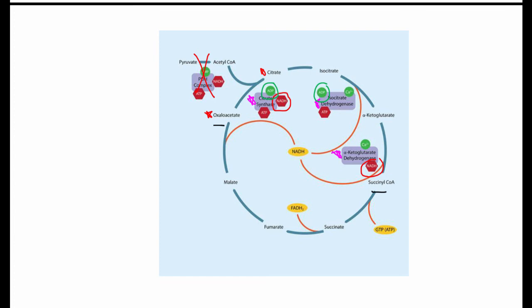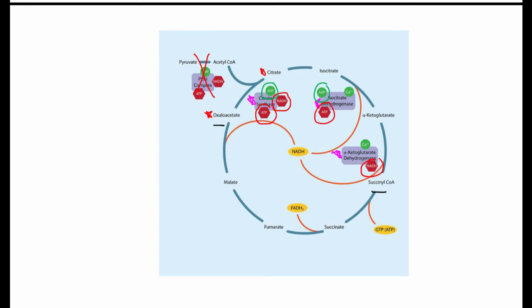When you think about what's really happening here, I could also look at this: ATP is a red hexagon, and that means stop. These are going to be allosteric inhibitors of these enzymes. When you think about the citric acid cycle, one of the main products is NADH.